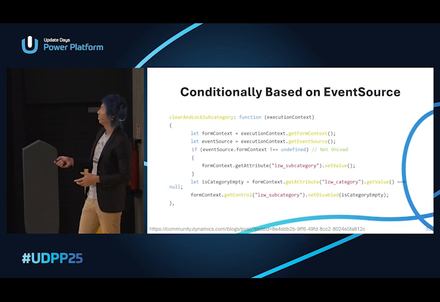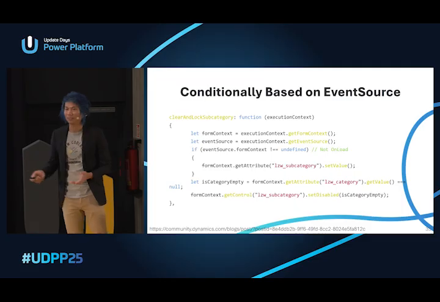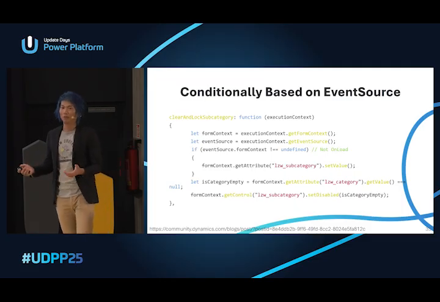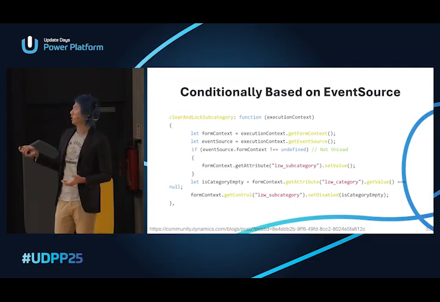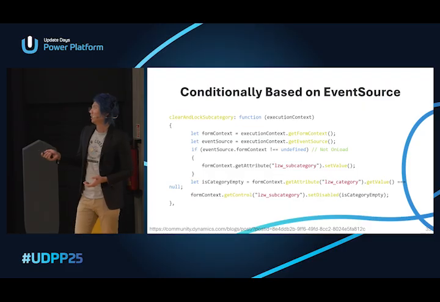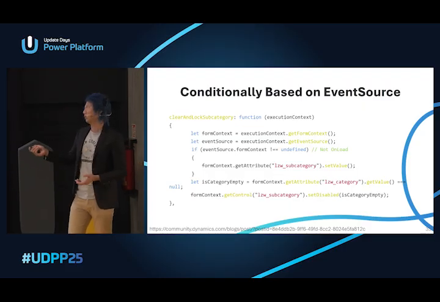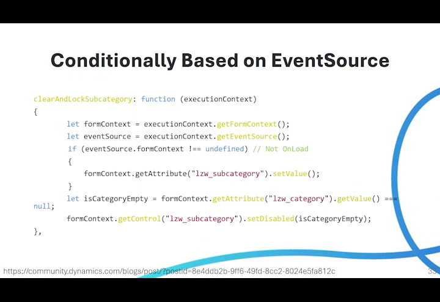So for example, if it is not on load, I want to clear the value. So in this code, you check whether this event source.form context is undefined. For the onload event, that will have a value. So if it is not onload, it will just go inside this function.